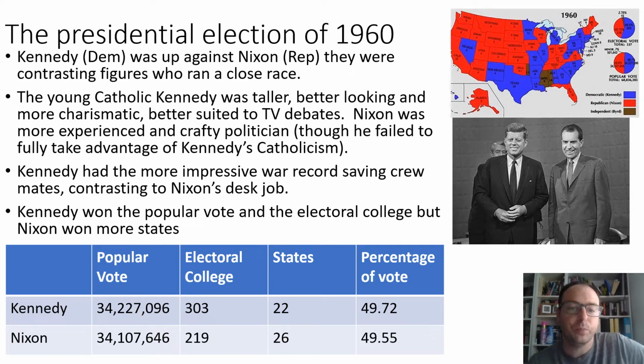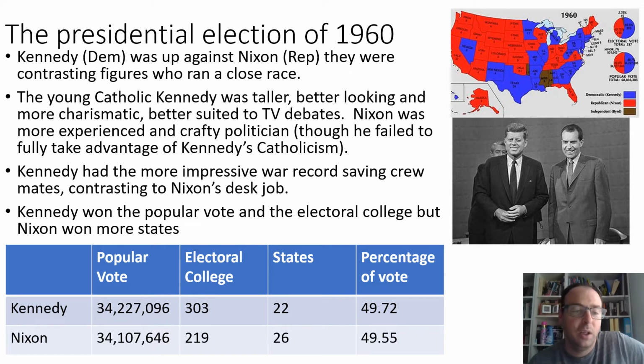Now, as we can see from the numbers, Kennedy won the popular vote and the electoral college, but Nixon actually won more states, and it's particularly the case if we look out west, and we can see the dominance of the Republicans in the mid and far west of the US. So Kennedy won by a tiny fraction of the vote.